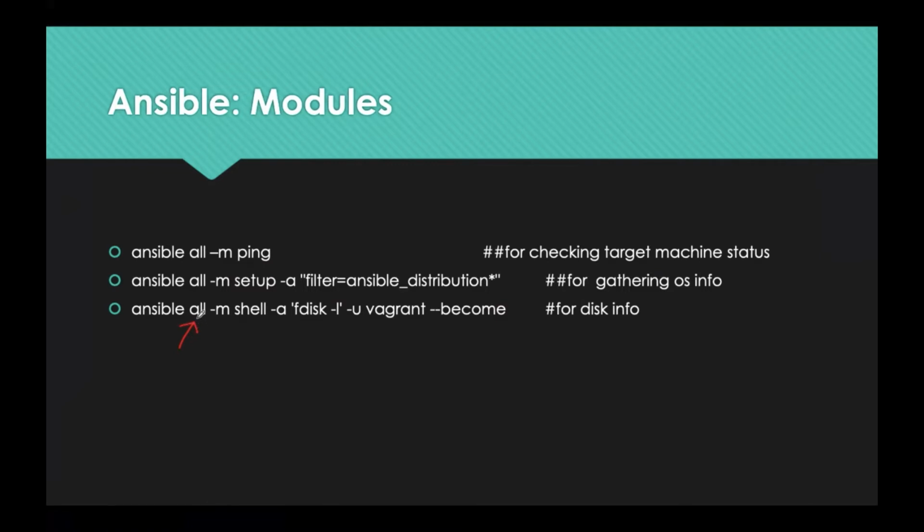Here I am targeting all the hosts. If I have created some groups in my hosts file, let's say a developer group, I need to write that group name here. Then it will hit only that specific developer group, and perform all these modules on that specific group.